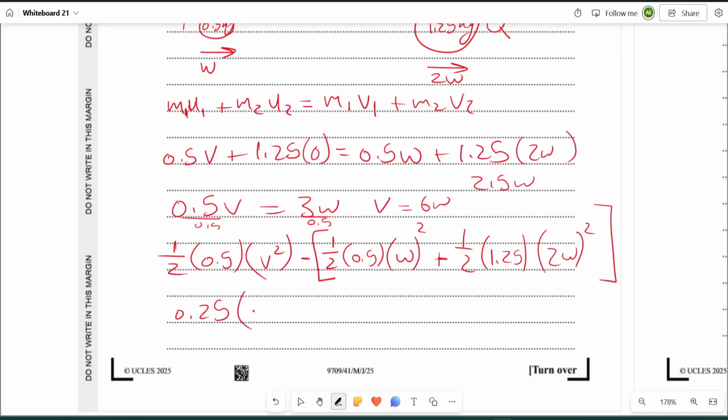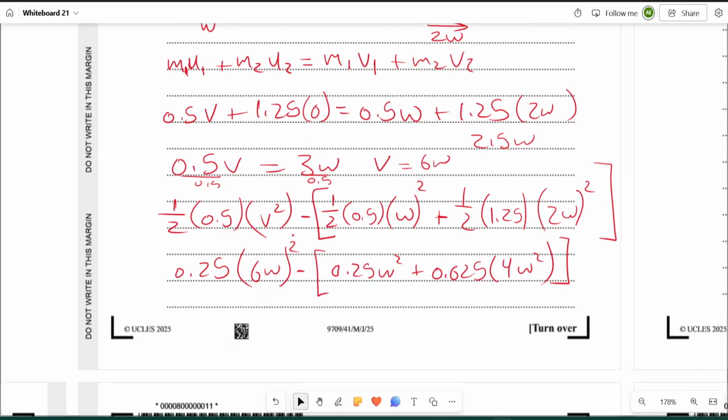Instead of V, I'm going to put in 6W, and this is going to be squared, minus half times 0.5 is 0.25, W squared plus half times 1.25 is 0.625 times 4W squared. Okay.